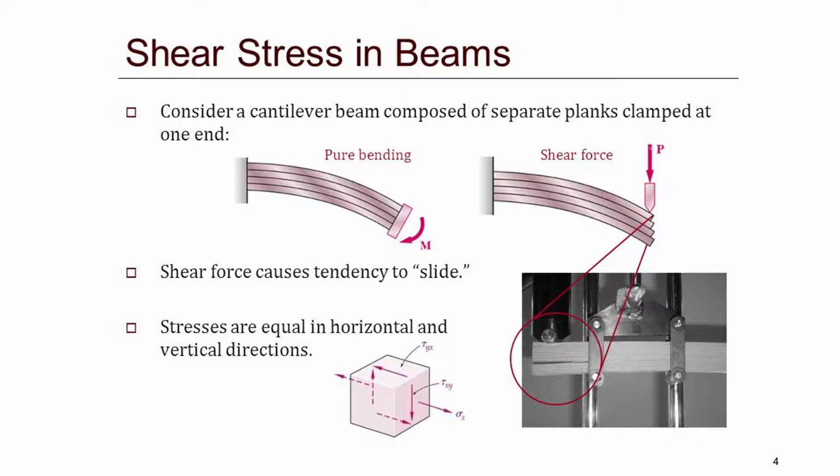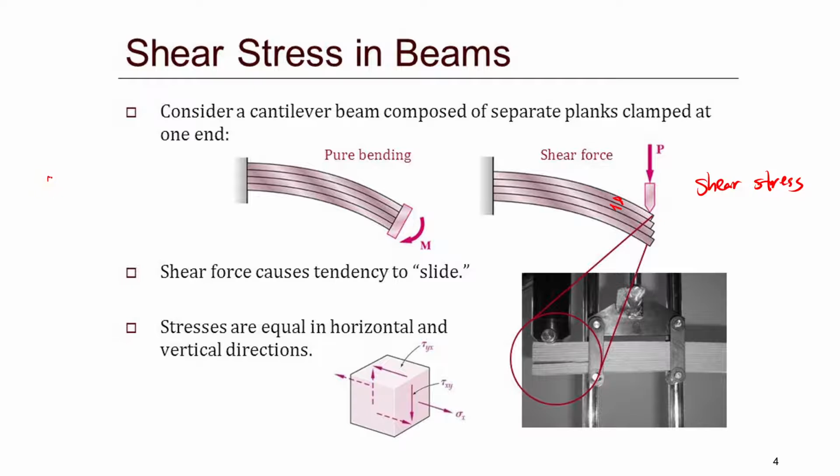What if you apply a concentrated force perpendicular to the beam, like this? If the beam layers are not bonded, they will tend to generate some shear or slides. So in the interface, you do have some slides between each layer, and this is due to the shear stress.